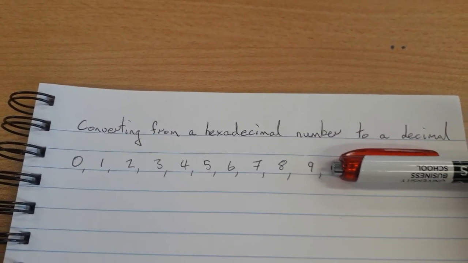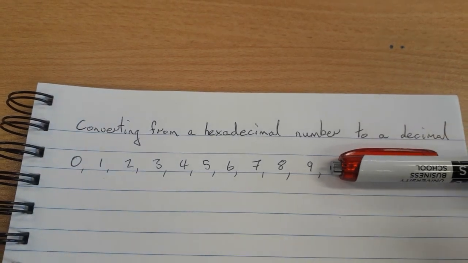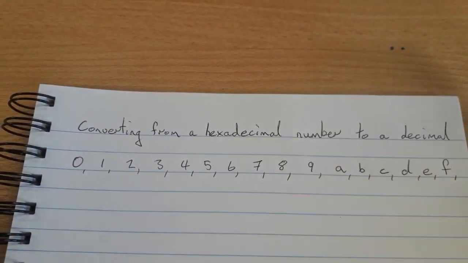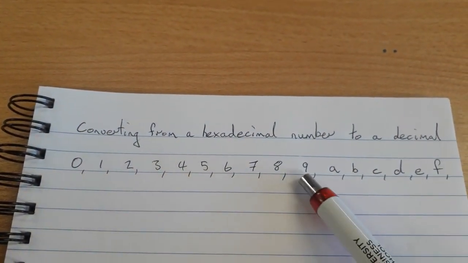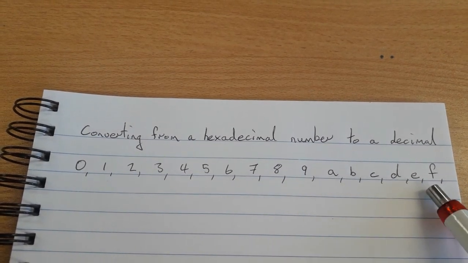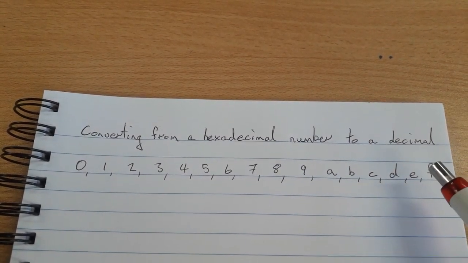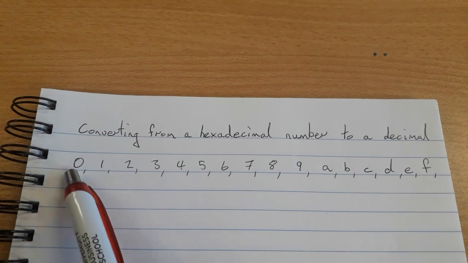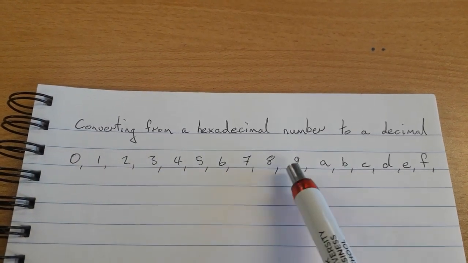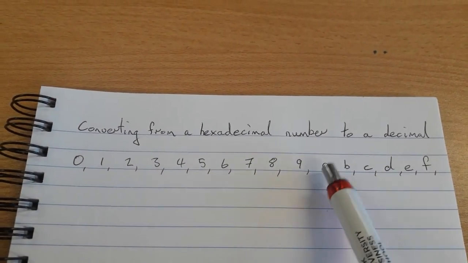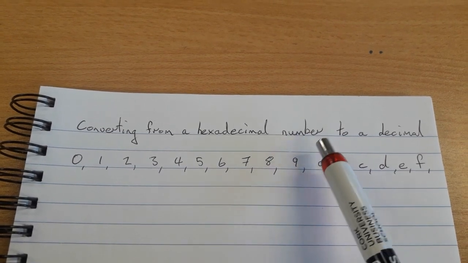So a hexadecimal number is a combination of 16 digits, or really, I suppose, these same 10 digits and these 6 letters. For instance, this is 0, 1, 2, 3, 4, 5, 6, 7, 8, 9, and we couldn't write 10 because 10 is made up of a 1 and a 0 again.